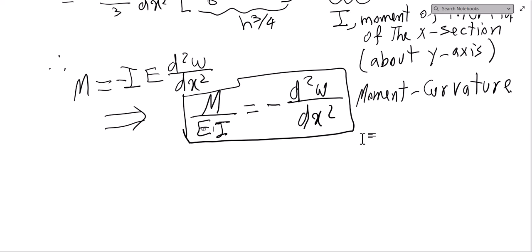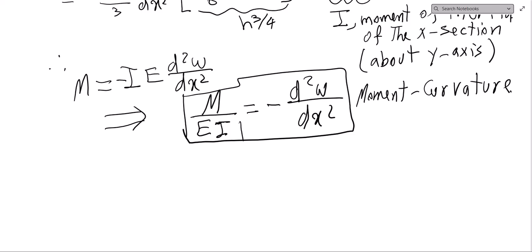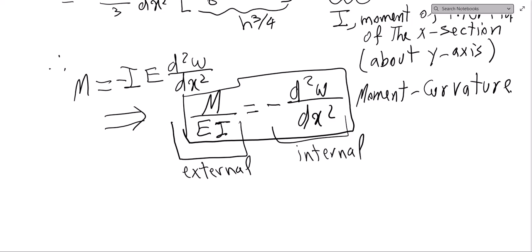So for a given beam, material property, some geometrical dimension and applied load, we can relate these two together. Basically, the left side is external, shall we say, and the right side is the internal reaction. If you increase the moment, obviously the curvature will go up.